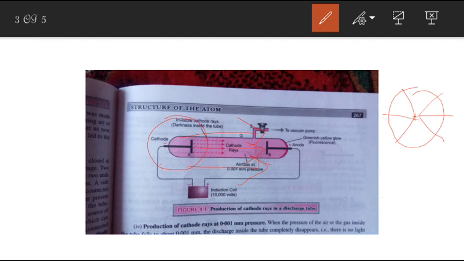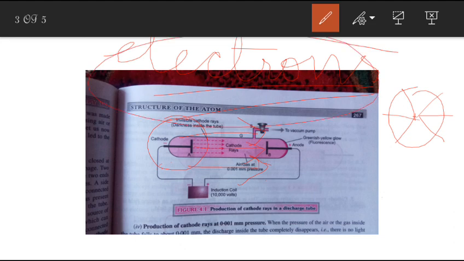So the negatively charged material particles constituting the cathode rays are called electrons. So he named the cathode rays as electrons. So in this way electrons were discovered. In the next topic we will study about the discovery of protons.